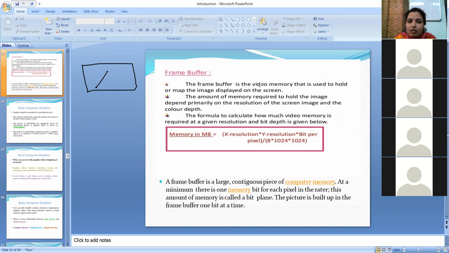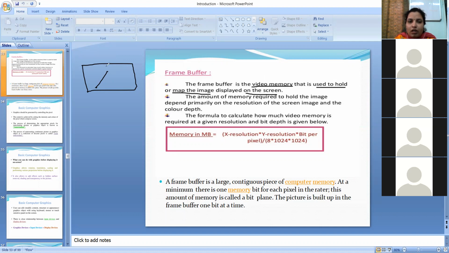So I'm going to store the color as one property in this frame buffer. So frame buffer is a video memory, which is used to hold or map the image which is present on the screen. Whatever image is there on the output screen, it is going to map that in the video memory. The amount of memory required to hold the image depends on the resolution of the screen and the color depth.